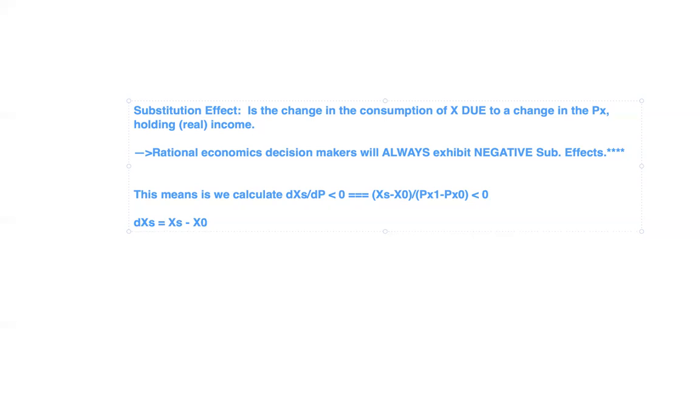Okay. They're not asking you to calculate the ratio of the substitution effect divided by the price change type thing. So anyway, this is what it means for the substitution effect to be negative. They're talking about this ratio.